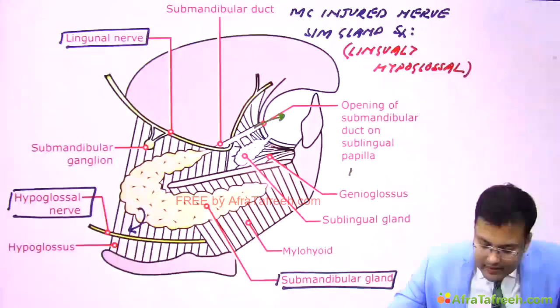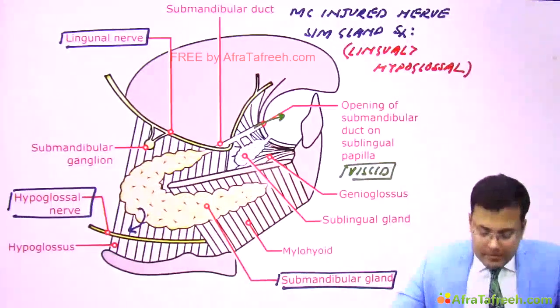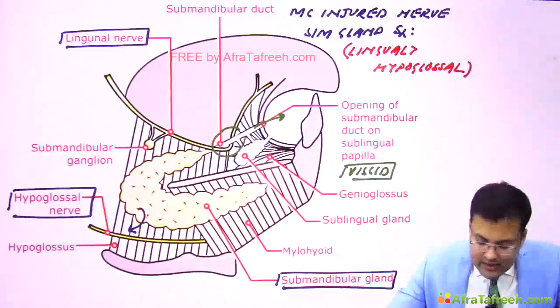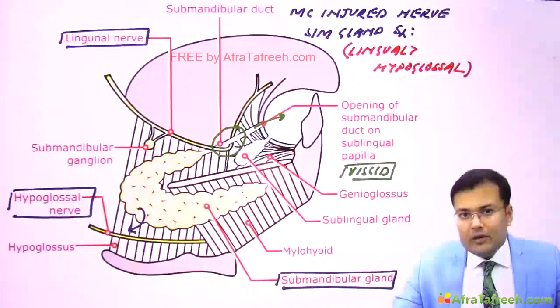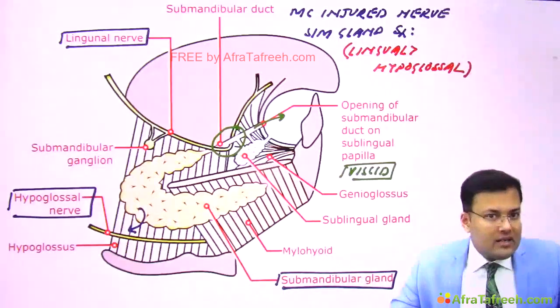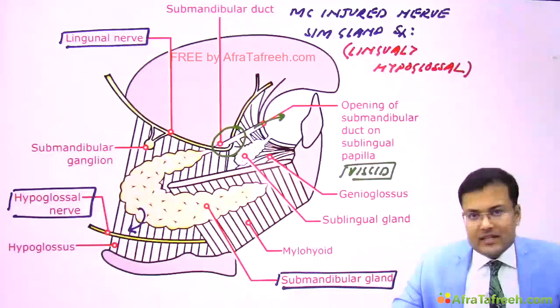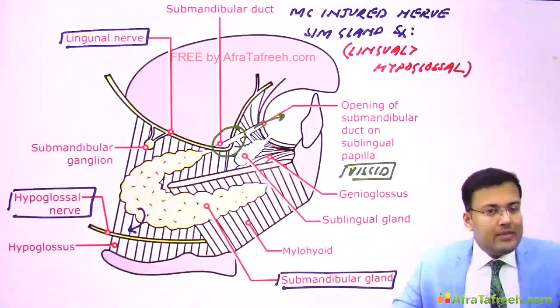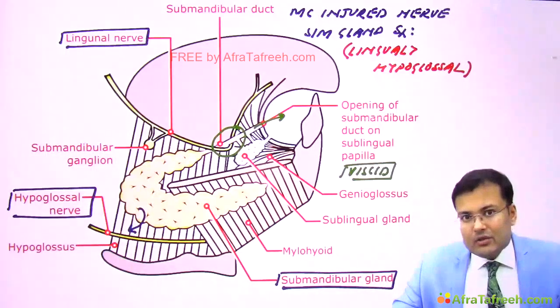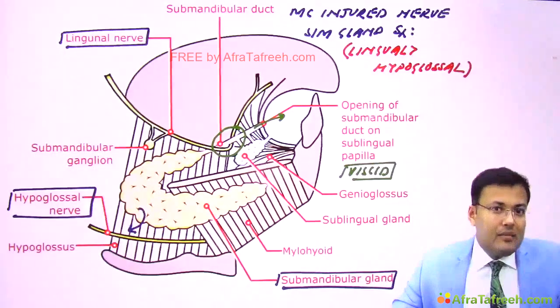And second problem, this Wharton's duct is hooked by lingual nerve, leading to impaired drainage, and these are viscid secretions. That's why 80% of salivary gland stones occur in submandibular gland.